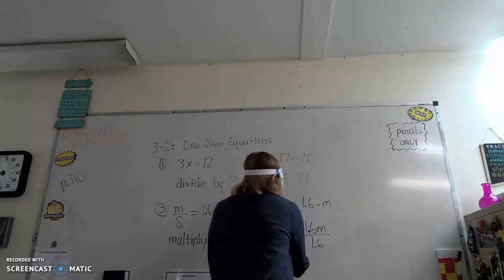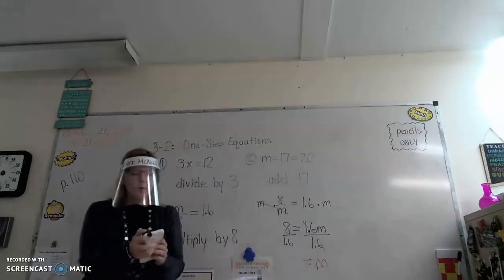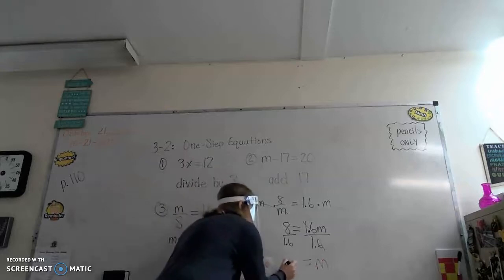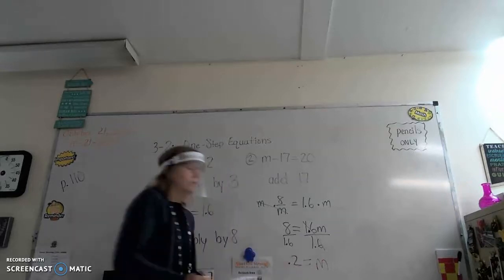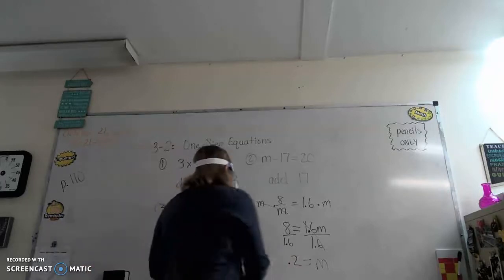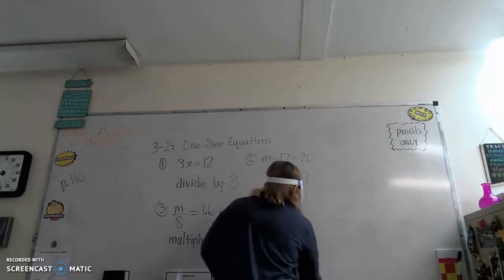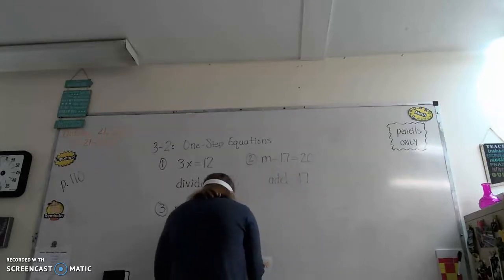So you're going to divide both sides by 1.6. And then those would cancel, and 8 divided by 1.6 is 0.2. Okay? You will probably have those, but not in this lesson.